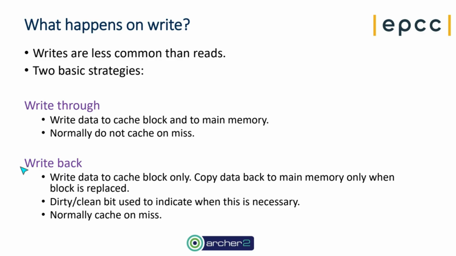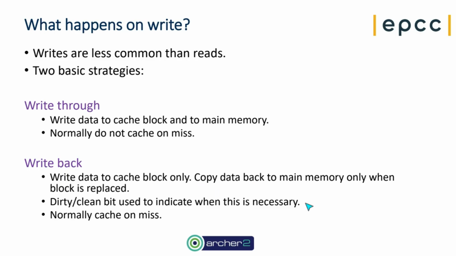The other possibility is write back. In this case, the new values are only written to the cache block, and the copy of that updated value back to main memory only happens when that block gets replaced by some new data.